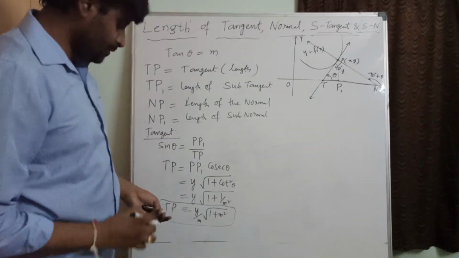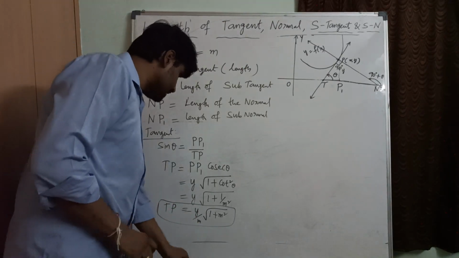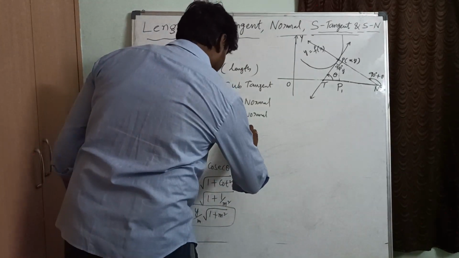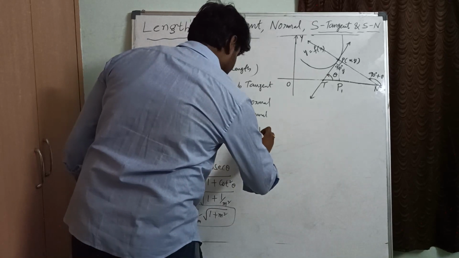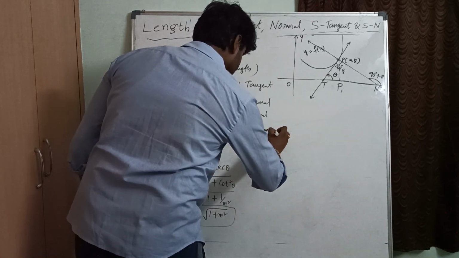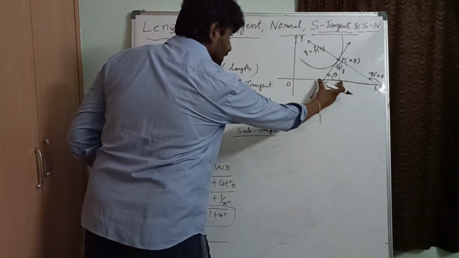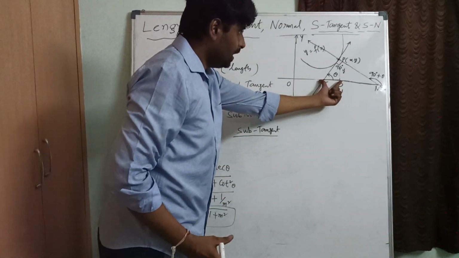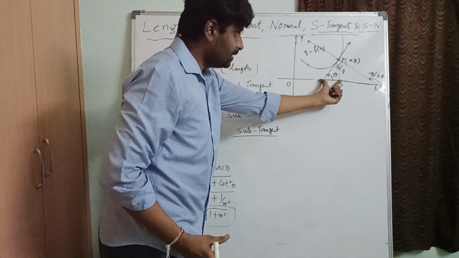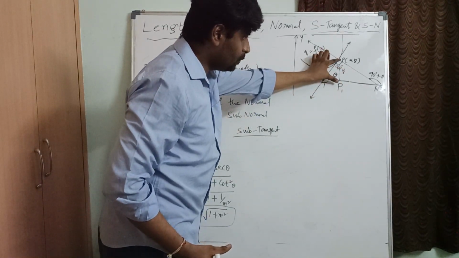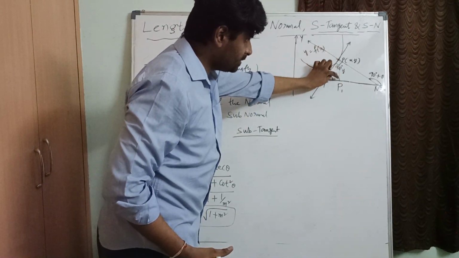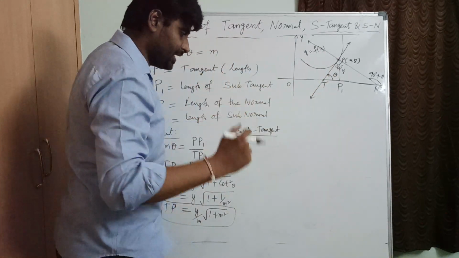Now let us discuss the length of subtangent. What is subtangent here? TP1. Here PP1 is y, so opposite by adjacent means tan I can use.